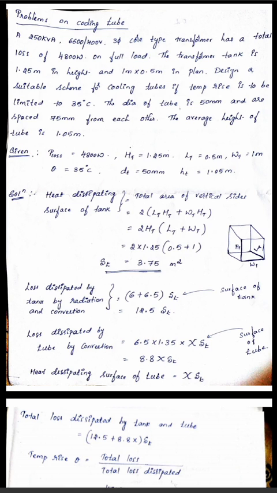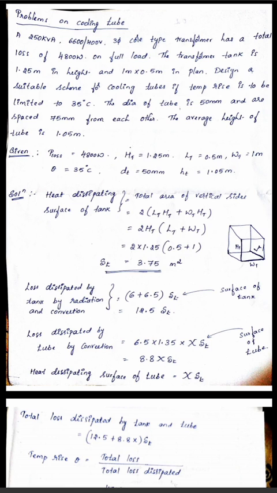Next, the transformer tank dimensions are given. The transformer tank is 1.25 meter in height, so the height of the tank is HT, capital H and T, 1.25 meter. And if it is given as 1 meter cross 0.5 meter, that is length into width.